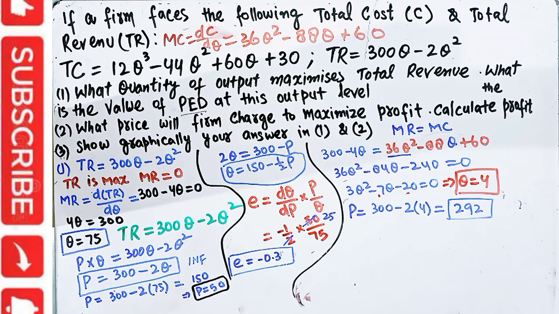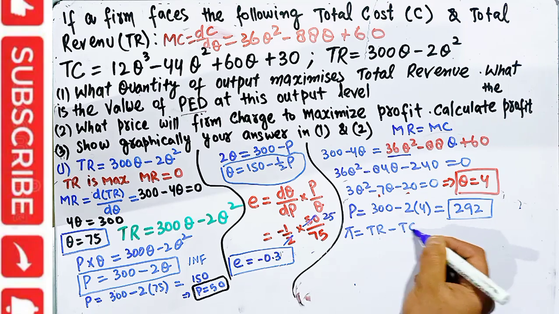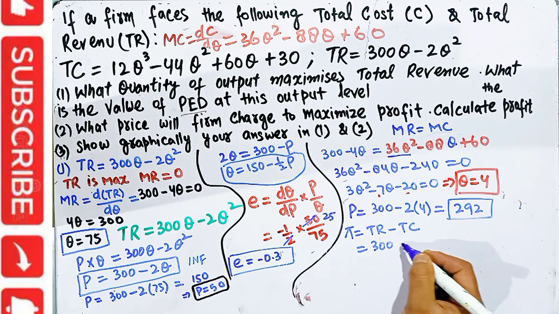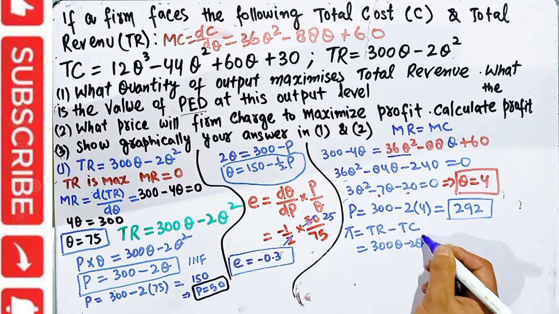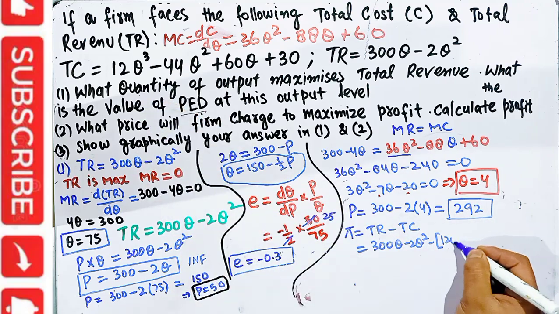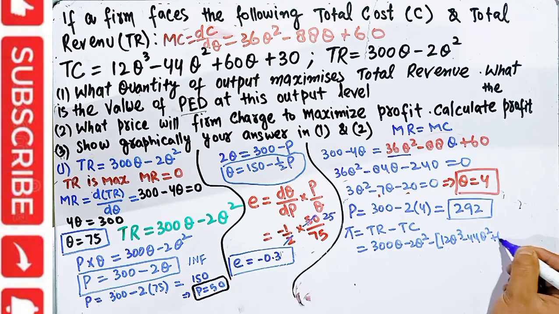Next part is to find out the profit. We know profit is equal to total revenue minus total cost. Total revenue function is given to us, 300q minus 2q square. To this we subtract the total cost function, which is 12q cube minus 44q square plus 60q plus 30.